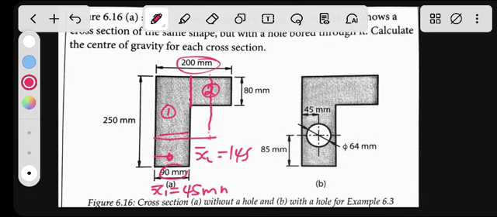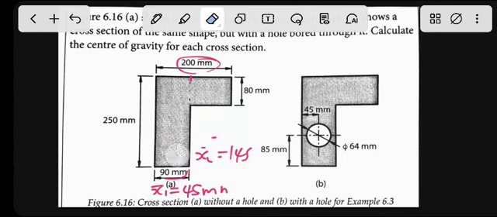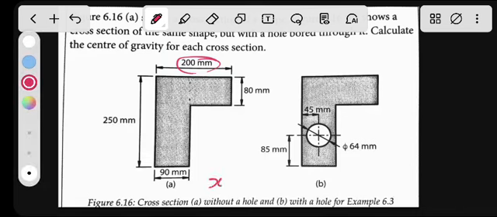So this is what we know: x1 is 45 and x2 is 145.